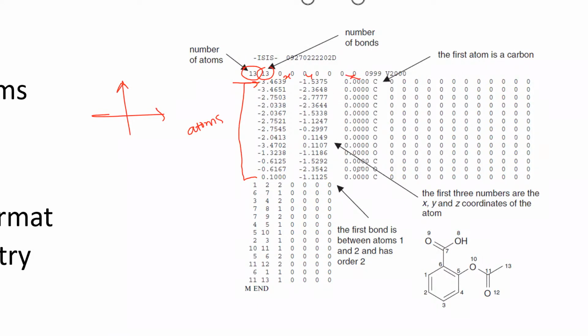In this case, the z coordinate values are all 0. That means it is a 2D structure. But if it is a 3D structure, you will also have values for the z coordinate. The next column represents what type of atom it is. So here you can see at this position, -3 and -1, we have a carbon atom.